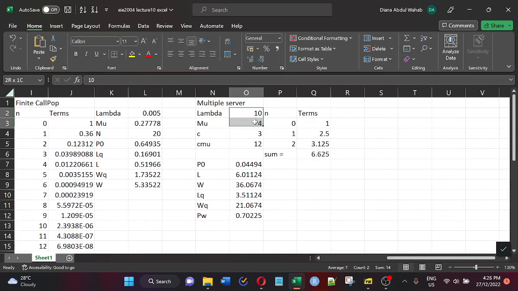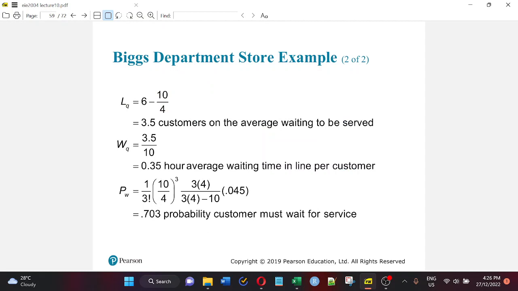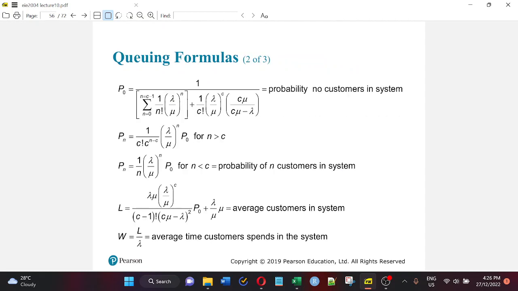10, 4, and 3 over here, and here I put C mu equal to 12. And then first we compute this summation function first. I just compute this part only.